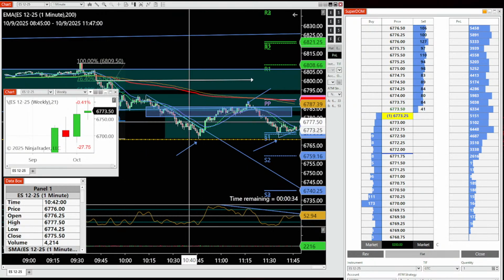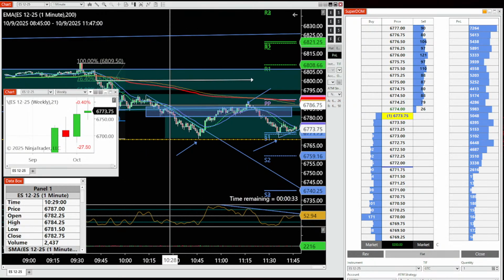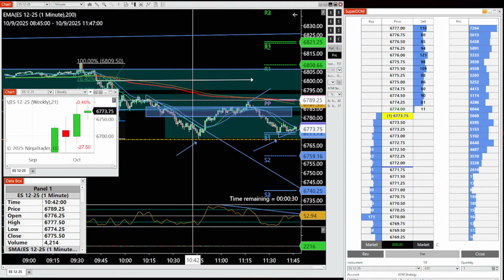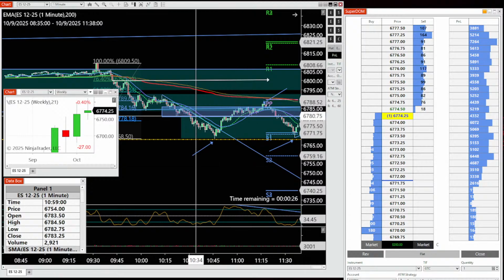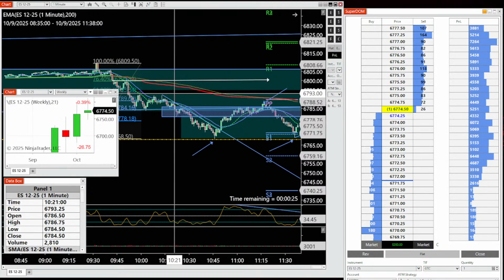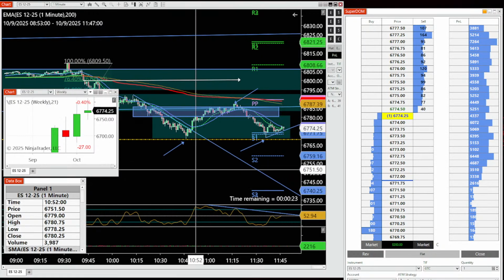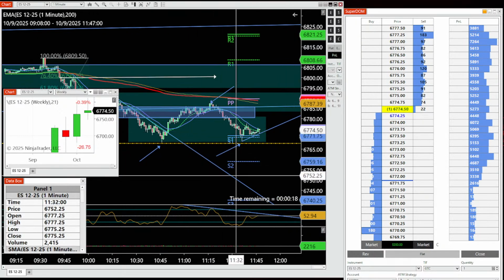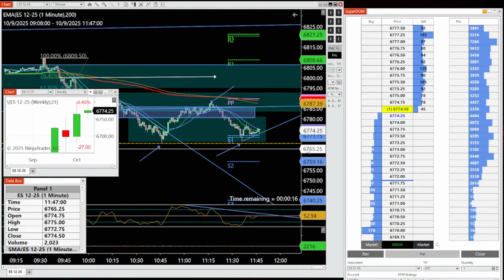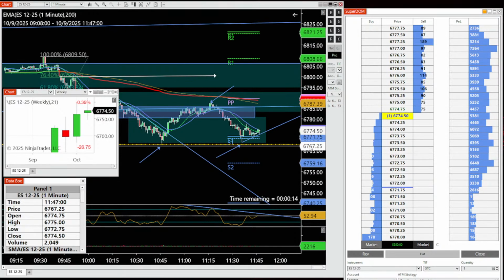Actually took out this liquidity over here. I would like to see it take the liquidity over 92, but let's see where it goes.